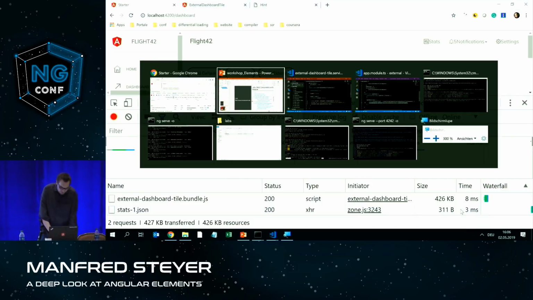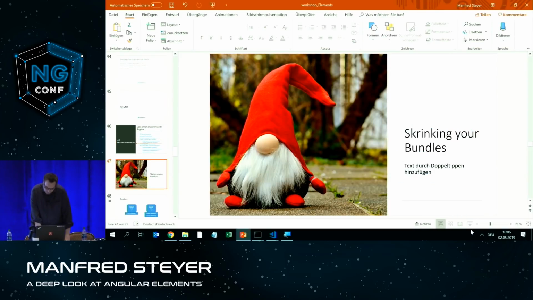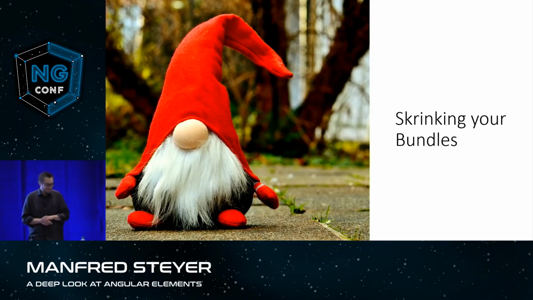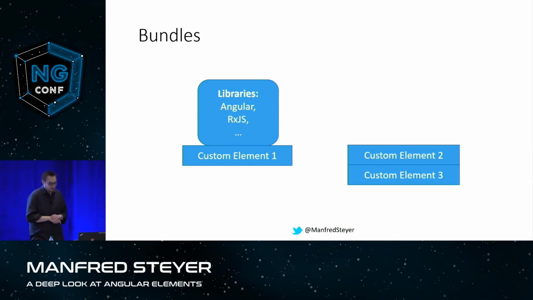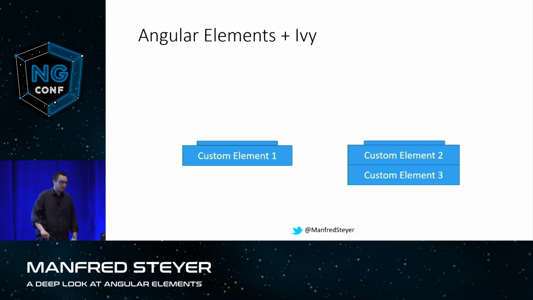And now I want to show you why this is the case, and also how to shrink your bundles. So as a matter of fact, currently, when we create an external bundle, we get Angular, RxJS, and all the libraries bundled into it. Ivy will help a lot, because Ivy, at least in theory, can down-level everything to code that is quite near to the DOM.